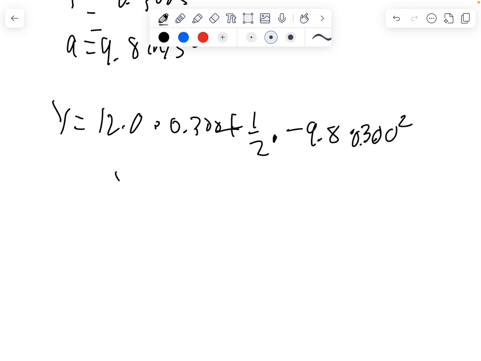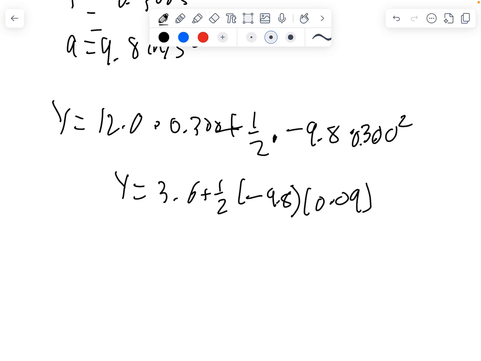So you're going to get y equals 3.6 plus 1/2 times negative 9.8 times 0.09. You compute that all together, it will equal 3.16 meters. So the ball's position will be 3.16 meters.